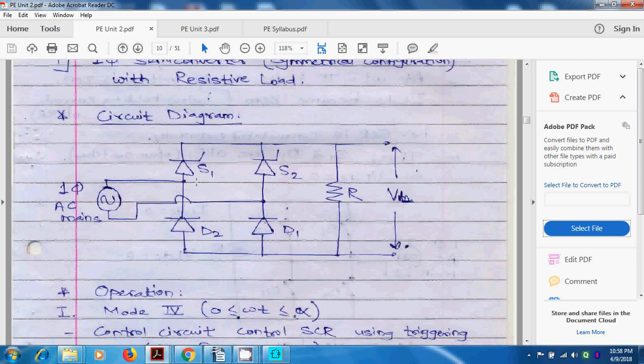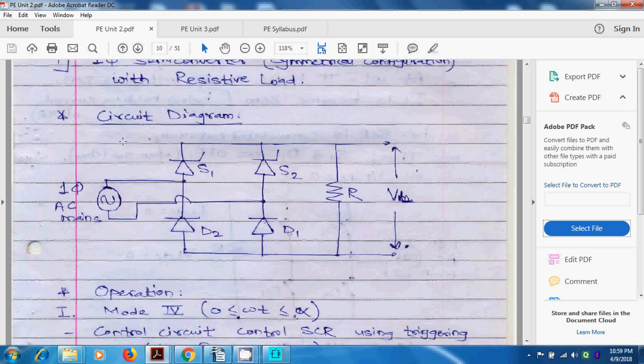These bridge configuration pairs of diodes and SCRs are connected directly with single phase AC mains. We can also use a passive component, that is a transformer, in between the single phase AC mains and the bridge configuration. So we can use a step down transformer.